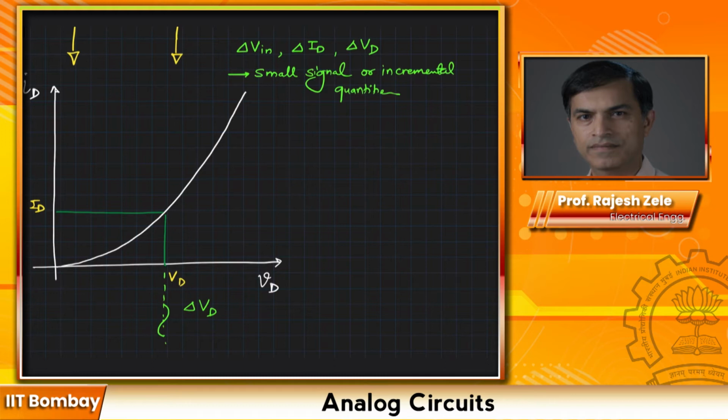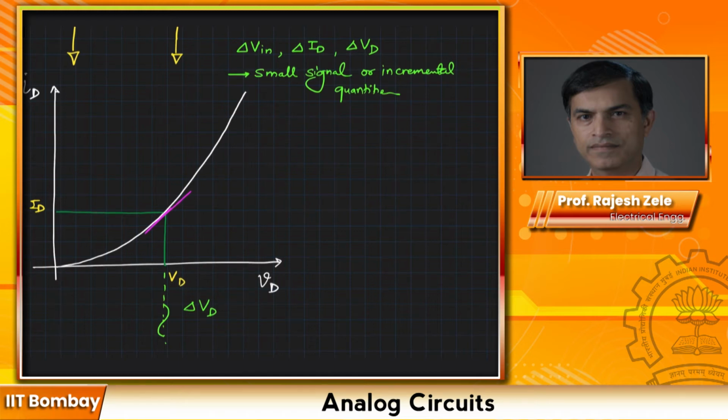Now, to do the analysis, in this particular region I'm going to draw a tangent touching that characteristic. I'm going to say that the circuit is linear around that point.